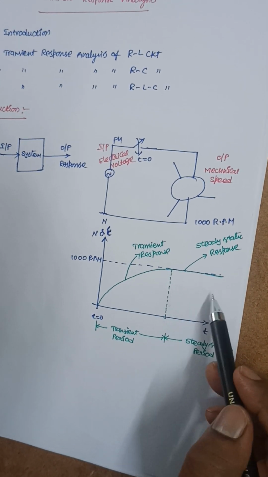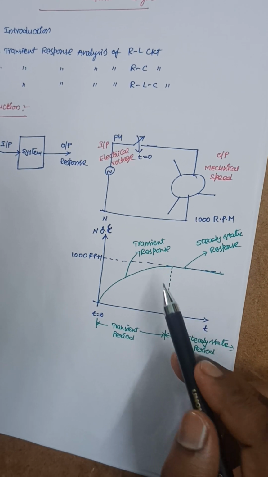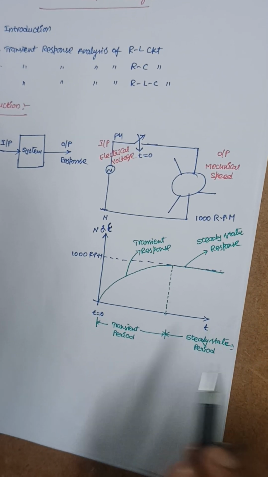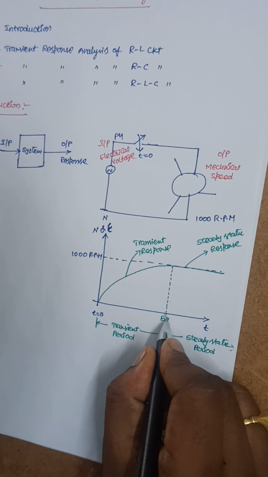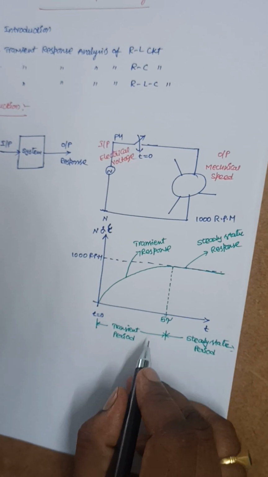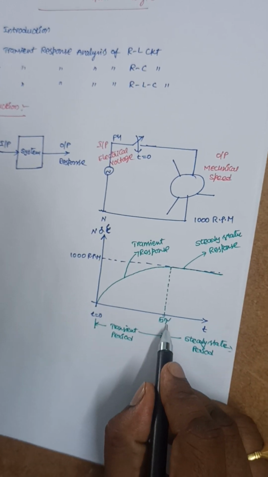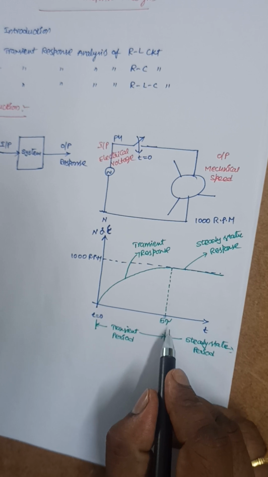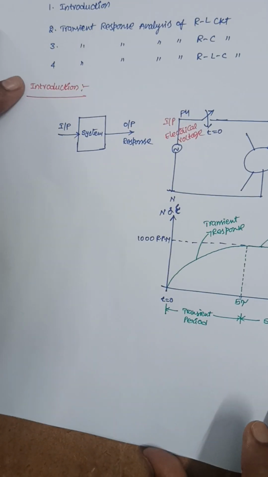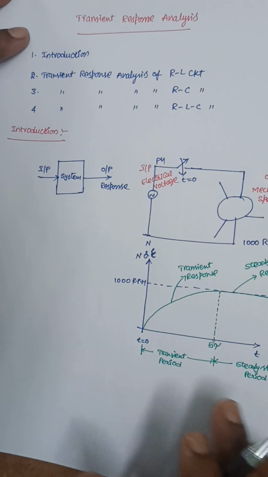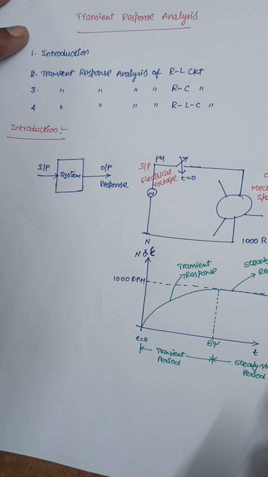After some time it reaches its steady state and this transient response will die out. Normally it takes 5 tau, time constant, to complete the transient response, where tau is the time constant. I will explain what is meant by time constant in later classes.